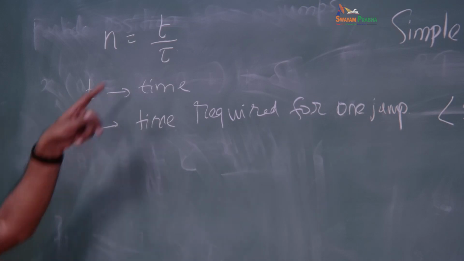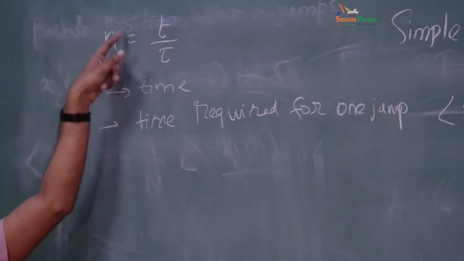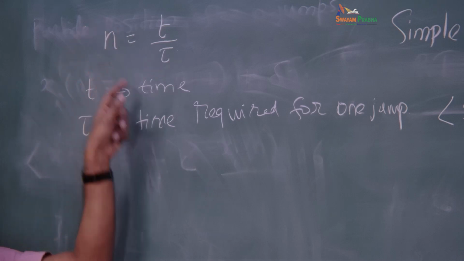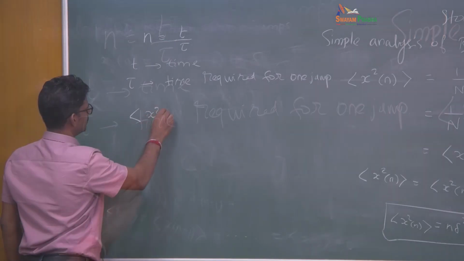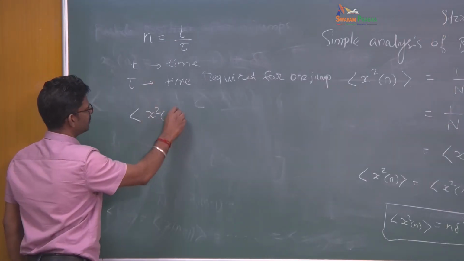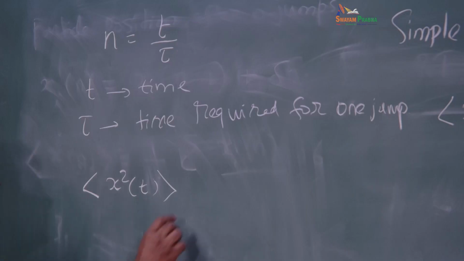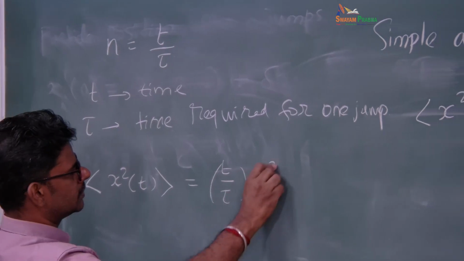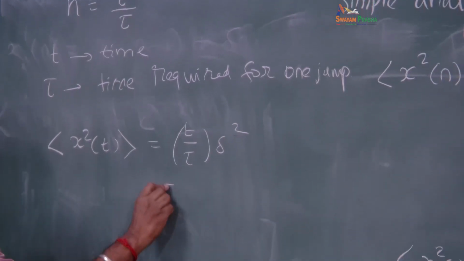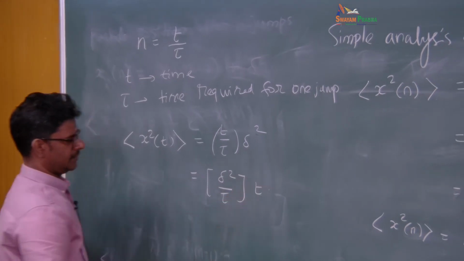So the total time divided by the time taken for one jump will give you the total number of jumps. Okay, so we can replace that here. Now n is replaced in terms of time. The mean square displacement as a function of time is, or you can say, delta square by tau times t.